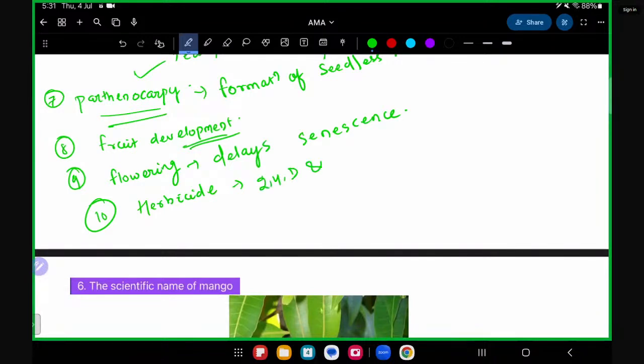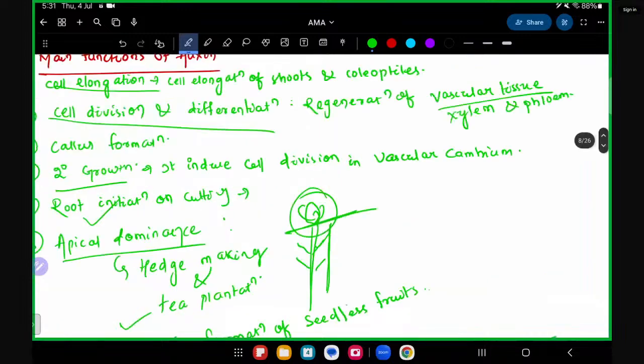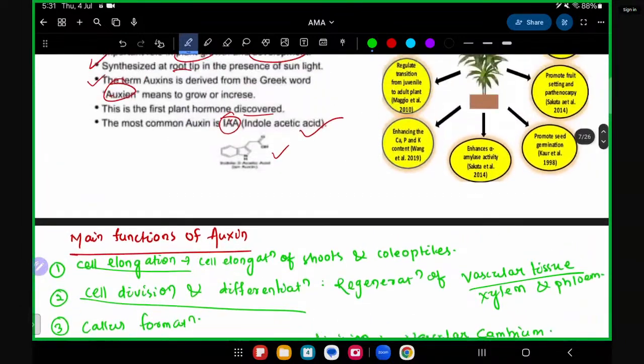It is 2,4-D and 2,4,5-T. Okay, these are widely used to kill weeds. Okay, one point you remember that it doesn't affect grasses. Okay, it's all about auxin and its function.